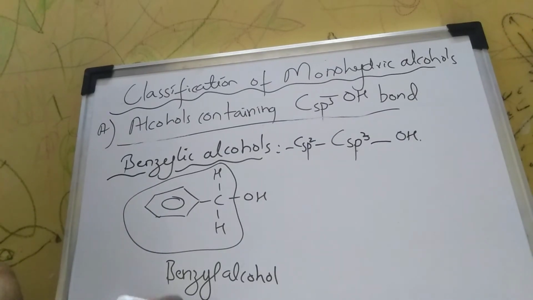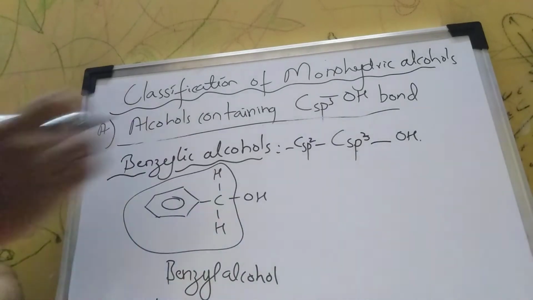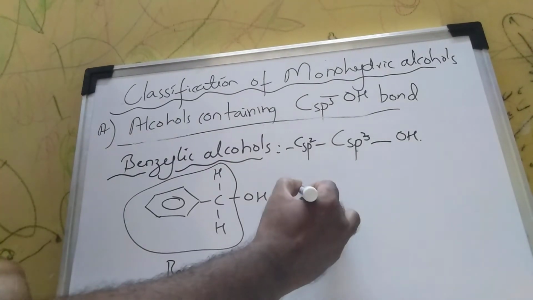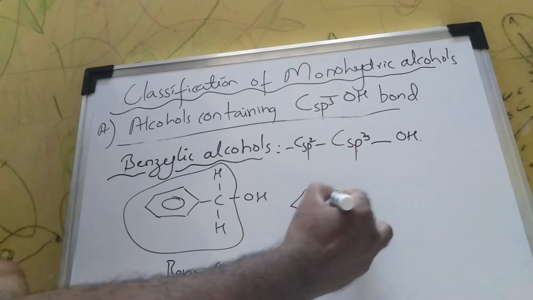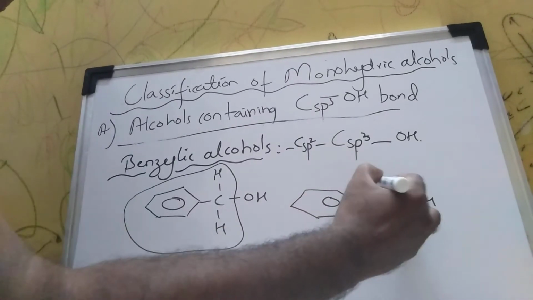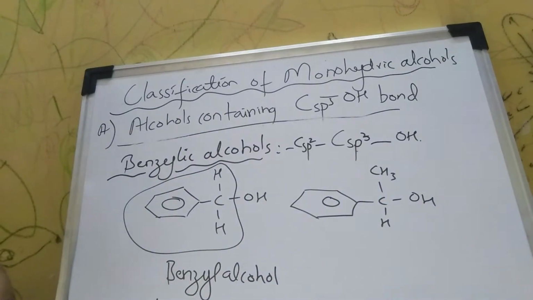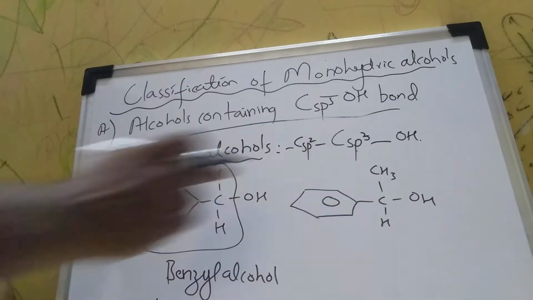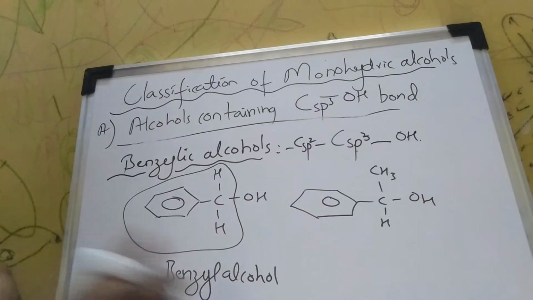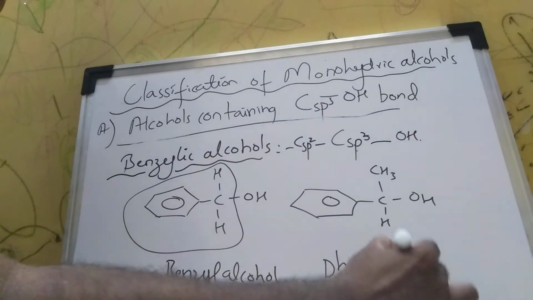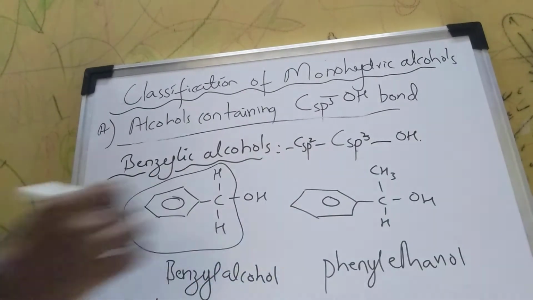Name this as phenylmethanol. Same. Another example. Two carbon atoms, ethanol. This ring is termed as phenyl. It will be named as phenylethanol.